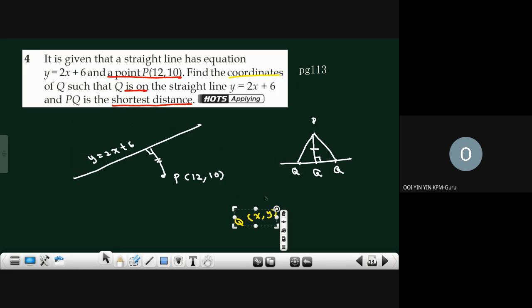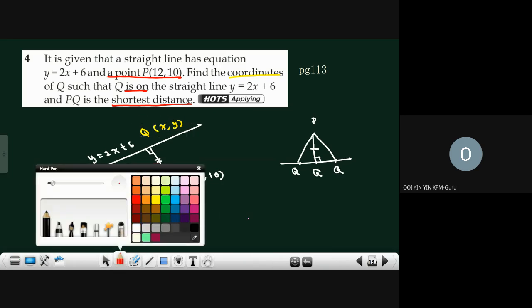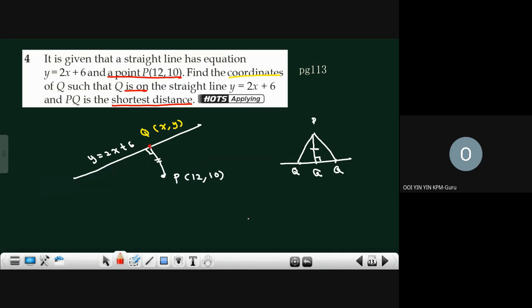Then my Q here depends on your P because we want to find where the 90 degree is, right? So it follows the 90 degree: if the 90 degree is here, it is here; if the 90 degree is there, it is there, because it must be the shortest distance. So this Q changes. Follow your P. Where you can get the 90 degree, that is where your Q will be, because they say find the Q such that PQ will be the shortest distance.